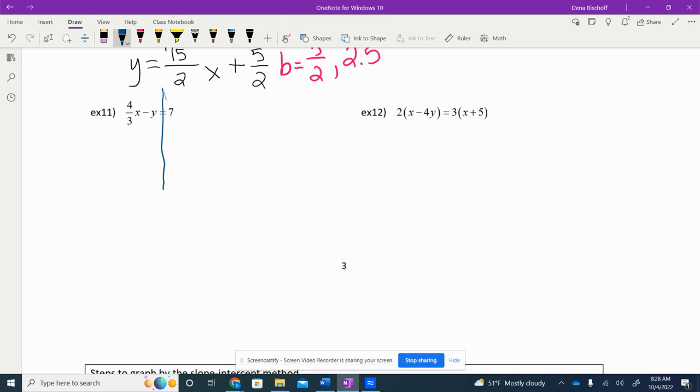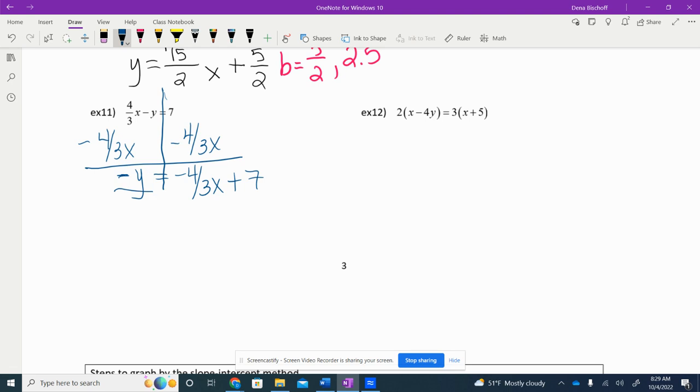What do you want to do? What do you think, McKinley? Yeah. Subtract 4/3 x from both sides. And when I do that, watch out for this. There's a negative attached to that y equals negative 4/3 x plus 7.